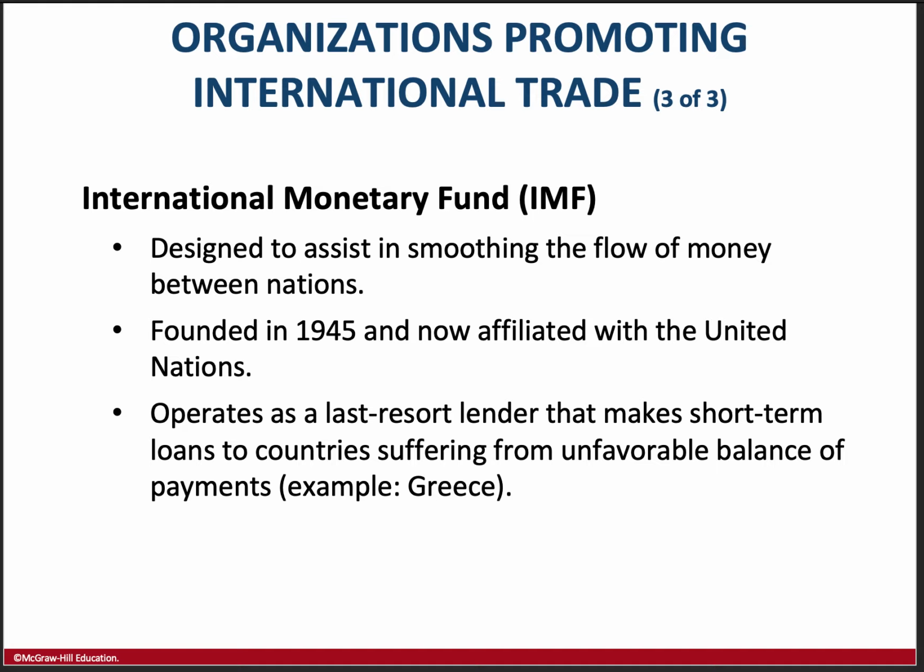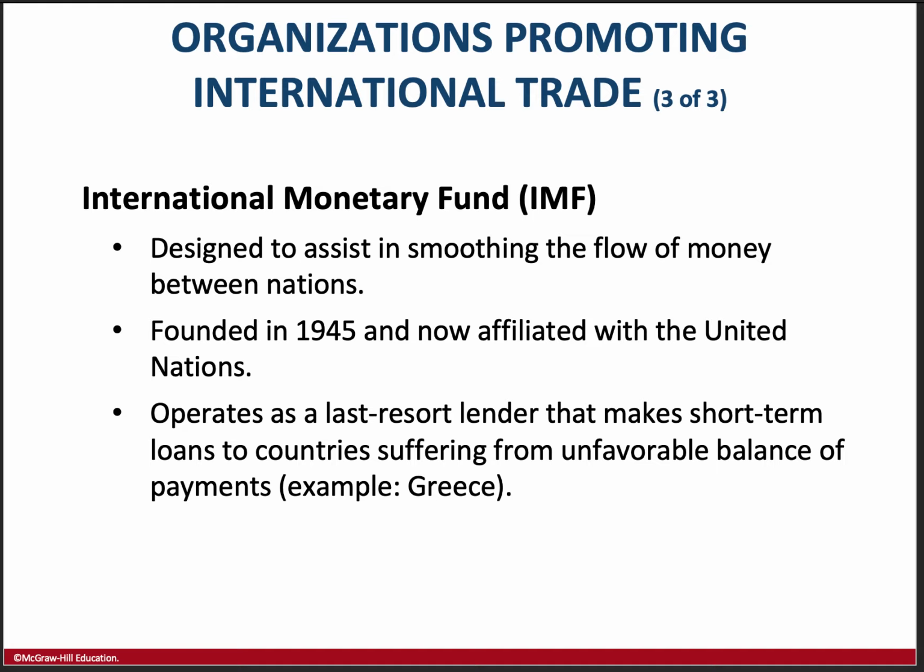The IMF is another organization, designed to assist in smoothing the flow of money between nations. Founded in 1945, it is now affiliated with the United Nations, which, of course, is here in the United States. It's where they all meet.